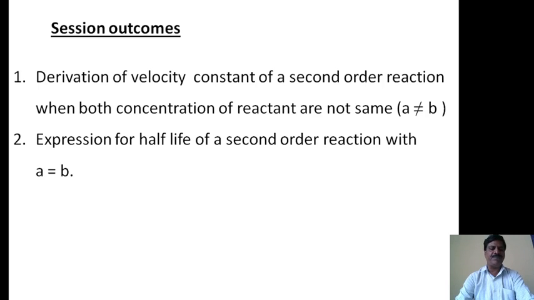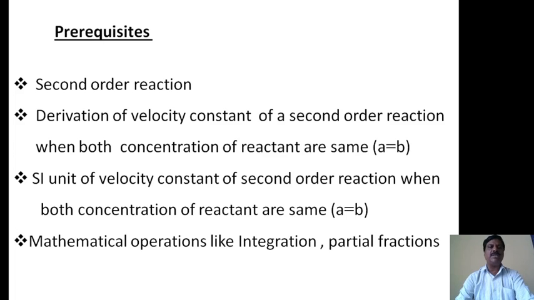Now, before going to this session, you already know about the second order reaction and the derivation of the velocity constant of a second order reaction when the concentrations of the reactants are the same, when A is equal to B. You also know the SI unit of the velocity constant of a second order reaction, and mathematical operations like integration and partial fractions, which you have already learnt in the previous session, that is the first session of chemical kinetics.